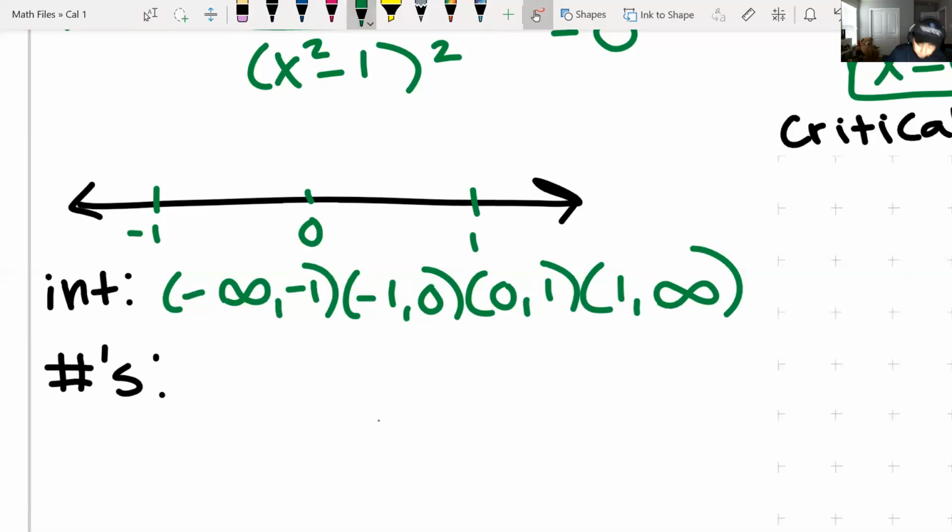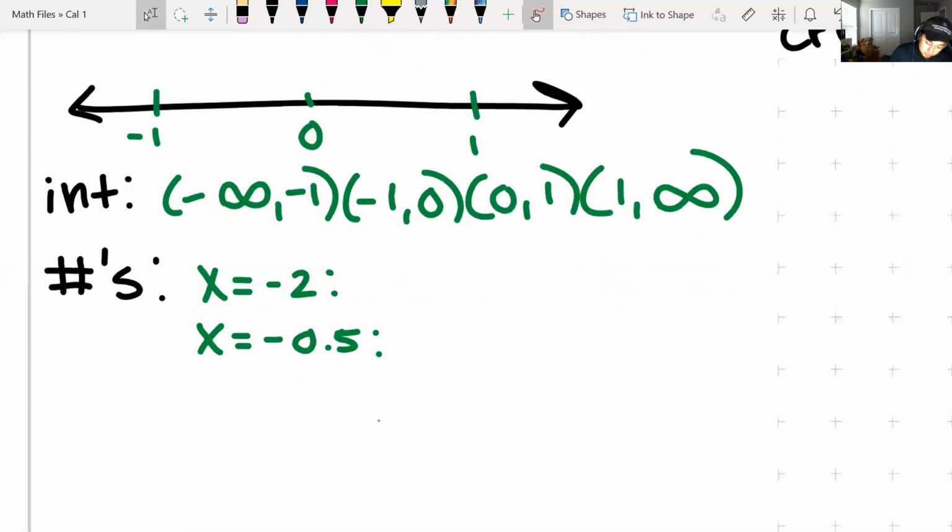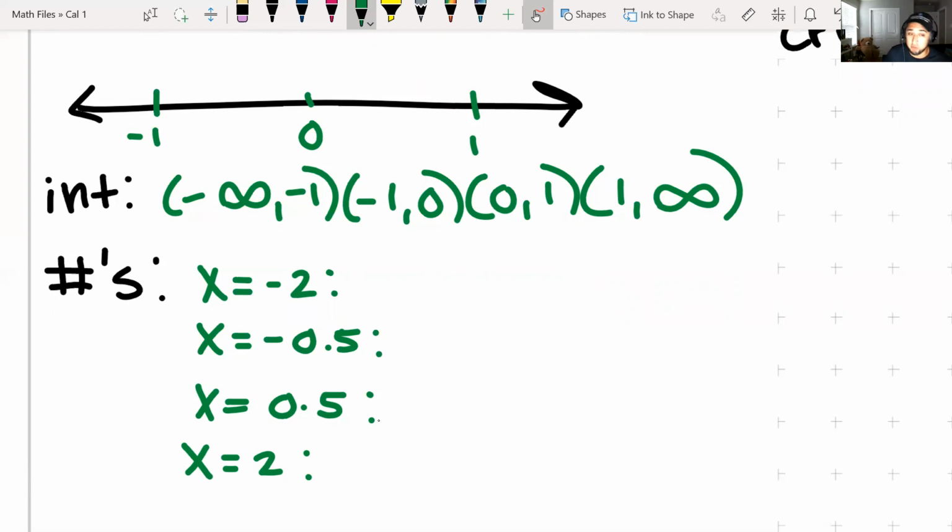Test numbers: x equals -2, x equals -0.5, x is 0.5, and then x is 2. Remember that this is a sign chart for the first derivative, so we plug these into the first derivative.